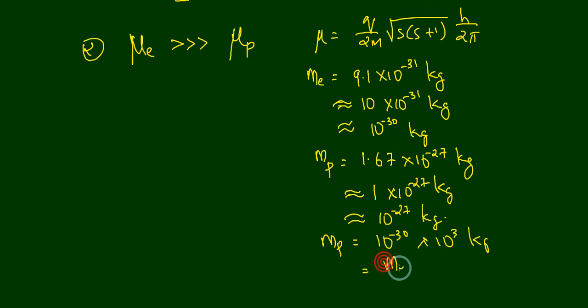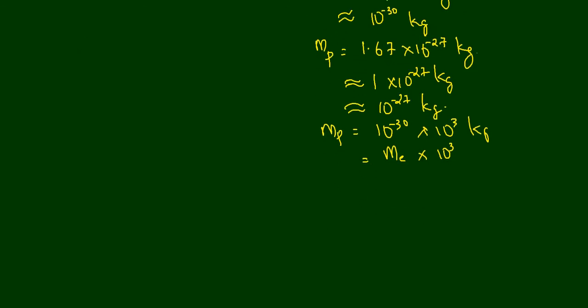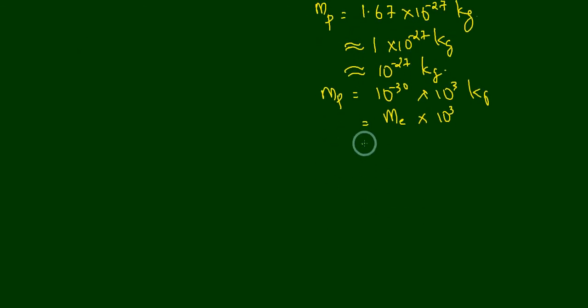So let me write it as mass of electron into 10 raised to 3. It means that the mass of the proton is almost 1000 times higher than the mass of the electron. Mp is equal to 1000 me. That is what we already know.